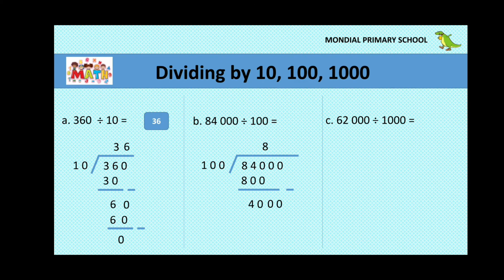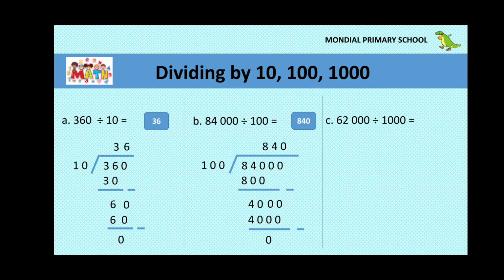Now, how many hundreds will make 4,000? Great, it's 40. 40 times 100 is equal to 4,000, which leaves no remainder. Therefore, the answer is 840.